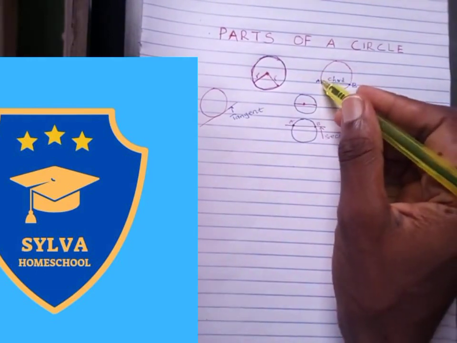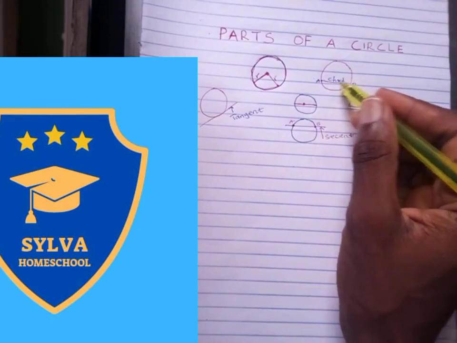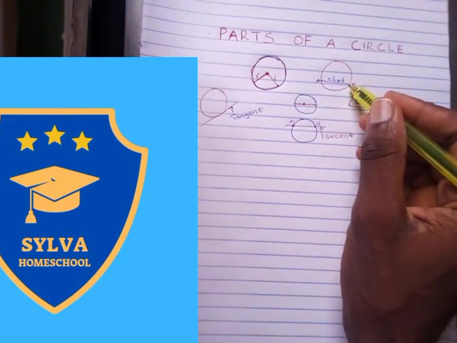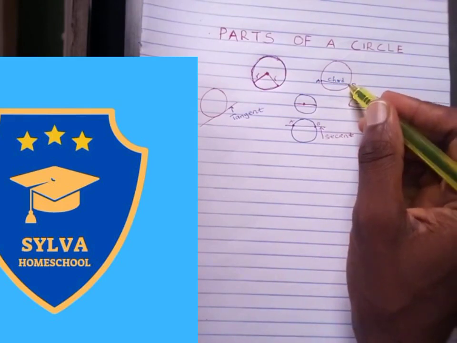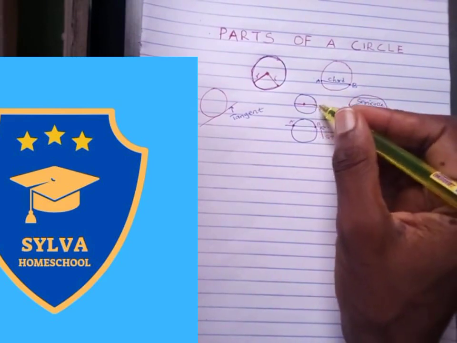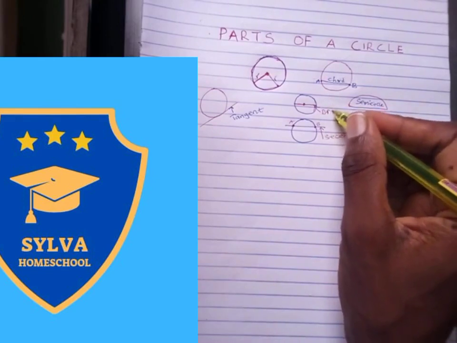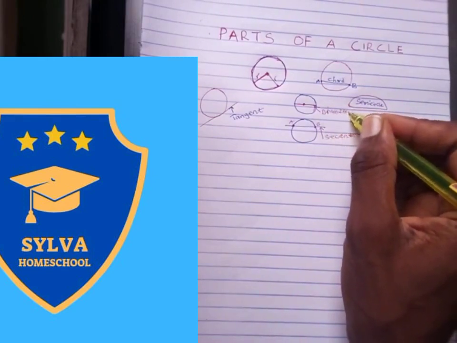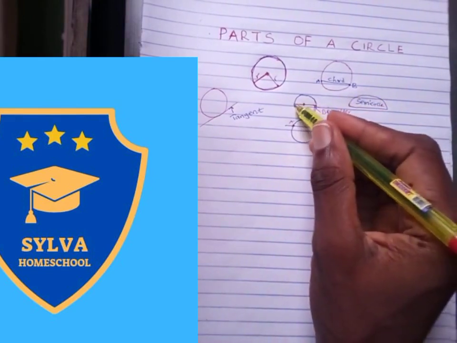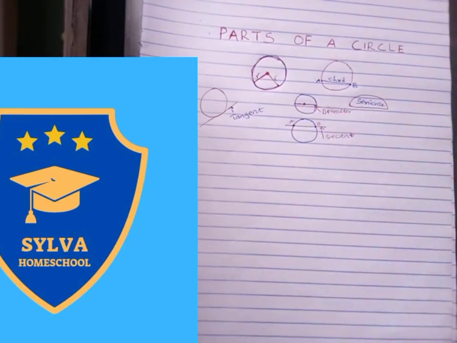And we say that a chord is a line that runs from any point of the circle to any other point on the circle. And we said that a diameter is a line that divides the circle into two equal parts. So a chord that runs across the center of the circle is what we call the diameter of the circle.